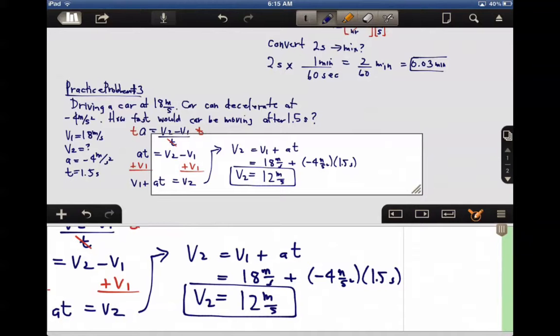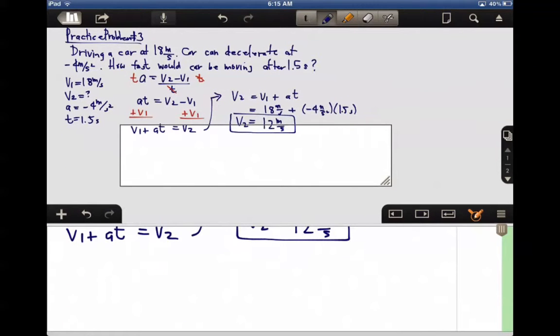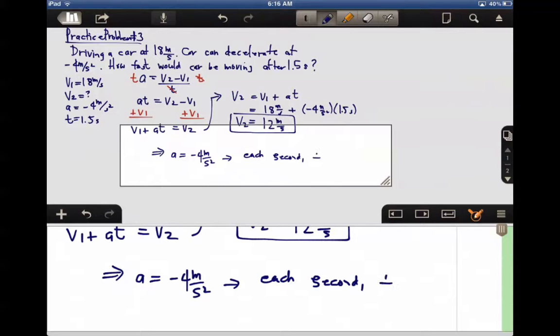One note here, conceptually, what's going on? We're decelerating for 1.5 seconds. The acceleration is negative 4 meters per second squared. So each second the car loses 4 meters per second of speed.